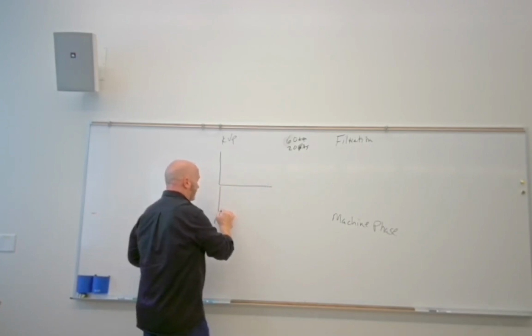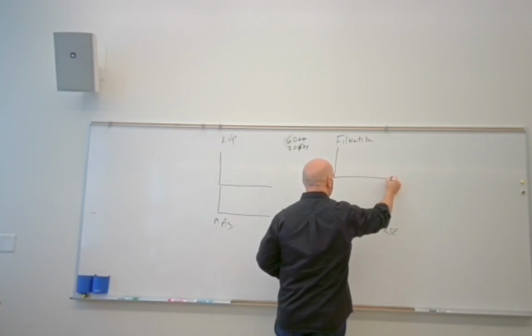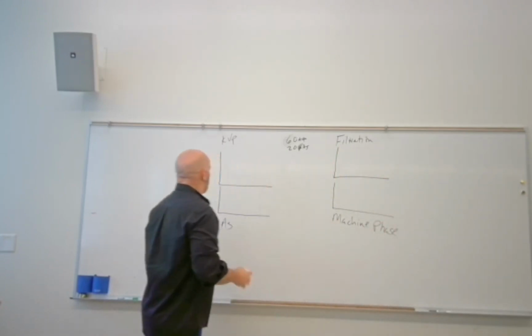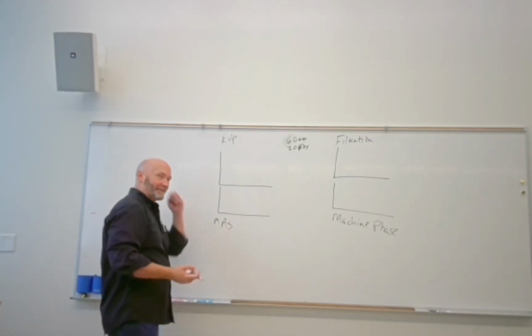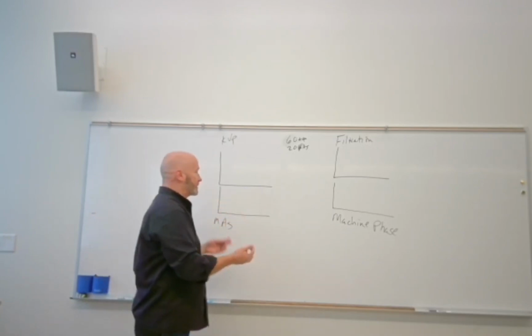So we've got kVp, mass, filtration, and machine phase, right? Y'all know my art, right? It's really not good, but I'm going to try to make these as similar as possible.